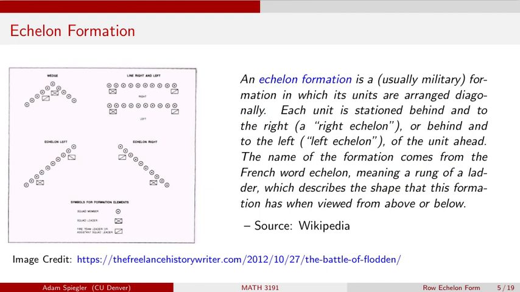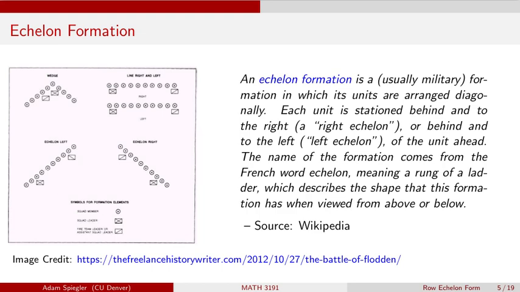And so if you are curious, what does this term echelon mean? Echelon is the French word for the rung of a ladder. So it kind of means like a step in some sense. And this word echelon has a derivation from a military perspective, and that is an echelon formation is a formation in which the units are arranged diagonally.